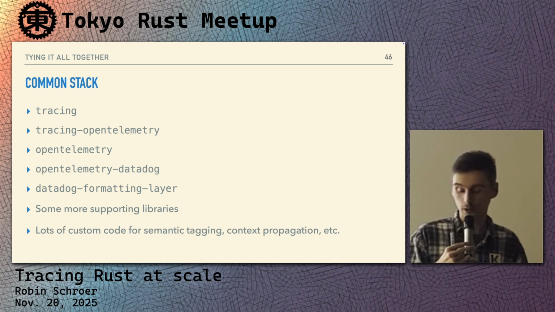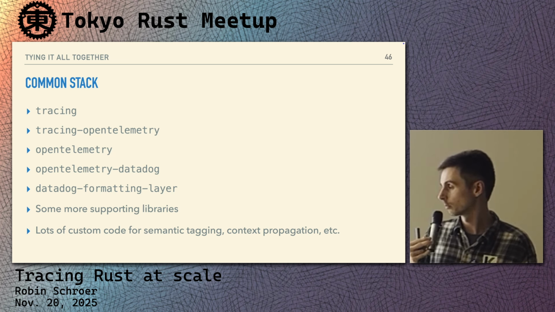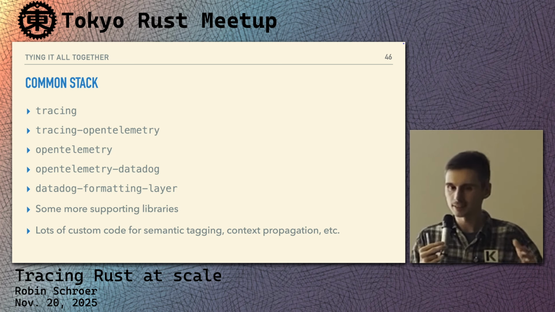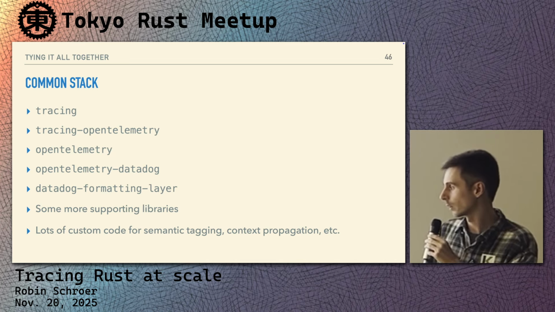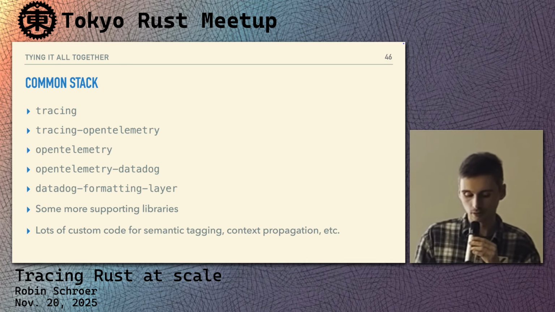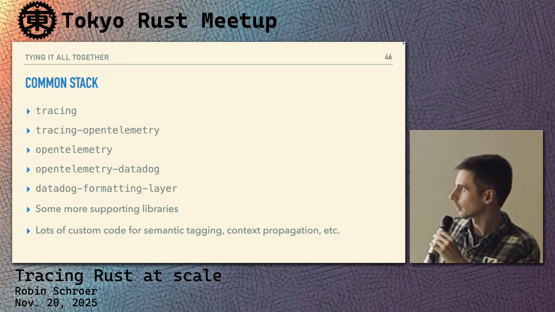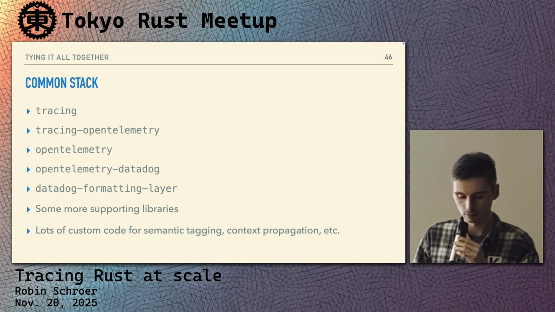You then also use the data formatting layer, which I linked, to get the log formatting. You add some more supporting libraries, you end up with 12, 15 or so in total, and you write maybe a couple hundred lines of code to do all the tagging you need. And yeah, I think that's not fantastic.